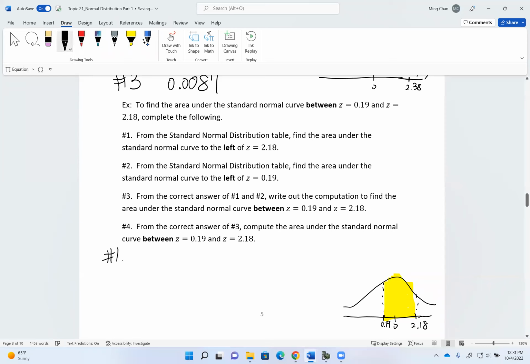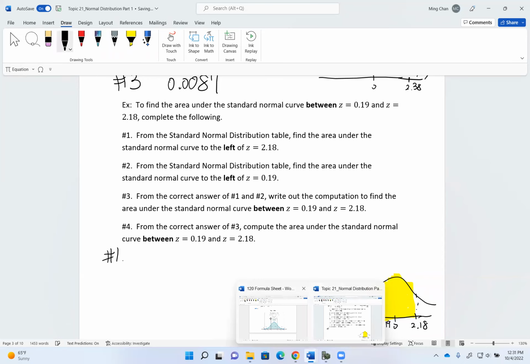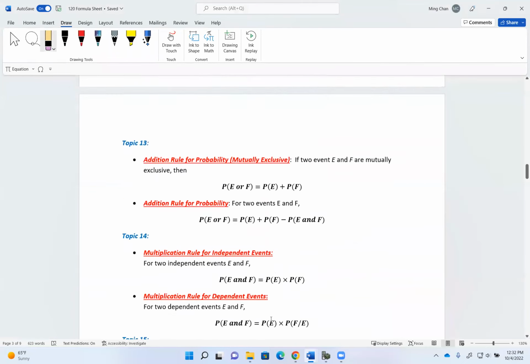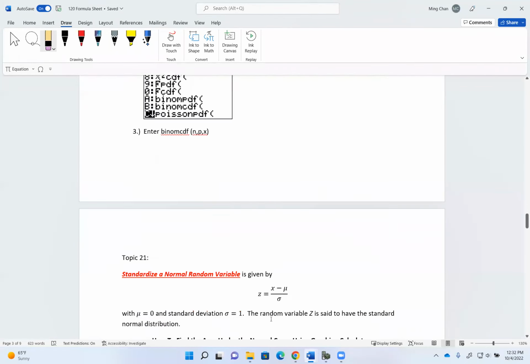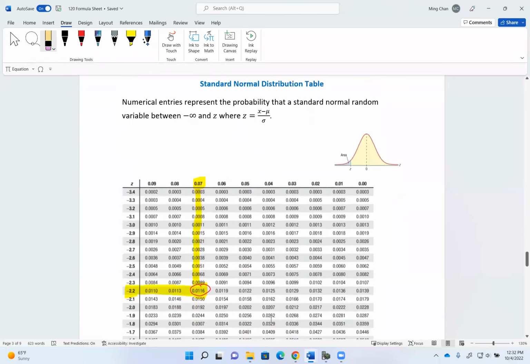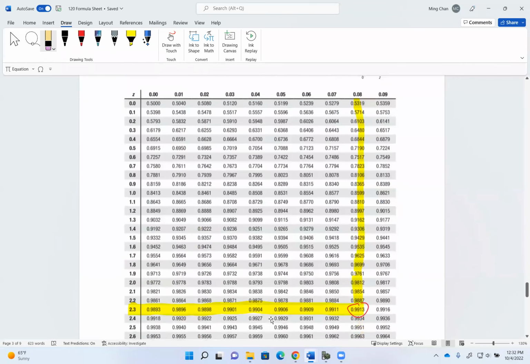So for the standard normal distribution, find the area under the standard normal curve to the left of 2.18. Let's go back to the table, positive 2.18. 2.1 and 8.